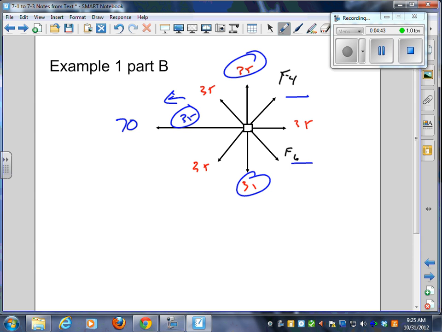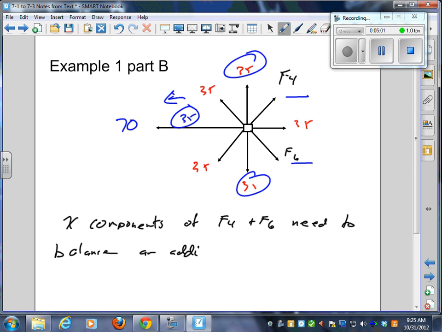Okay? So in other words, the X components of F4 plus F6 need to balance an additional 35 newtons.